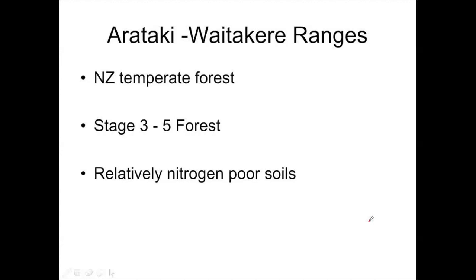So, Arataki Waitakere Ranges is a New Zealand temperate forest. It's a stage 3 to 5 forest, because there are areas in this forest which are stage 3, areas which are stage 4, areas which are stage 5. Throughout Arataki Forest, we have relatively poor nitrogen soils, so that doesn't compare to other forests which are that old.